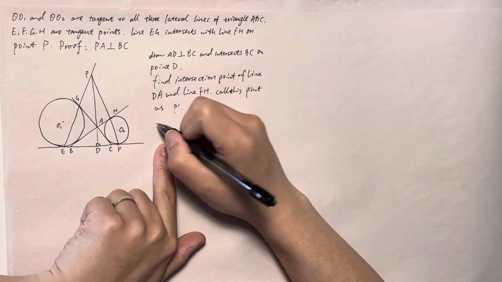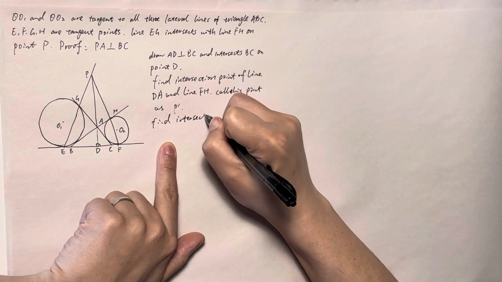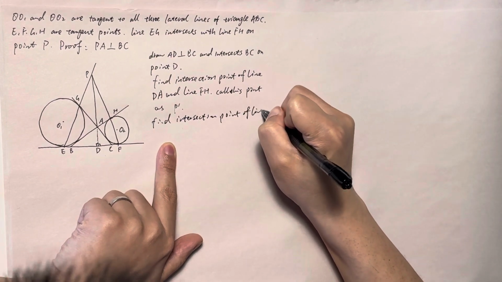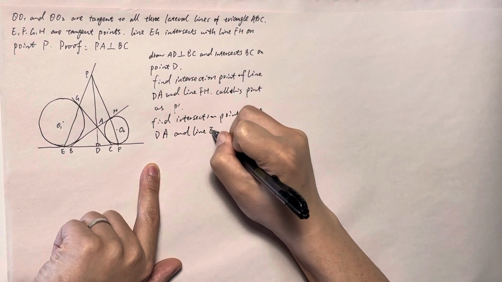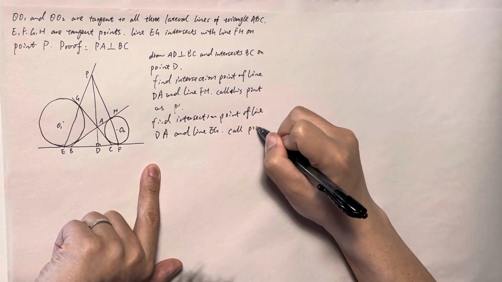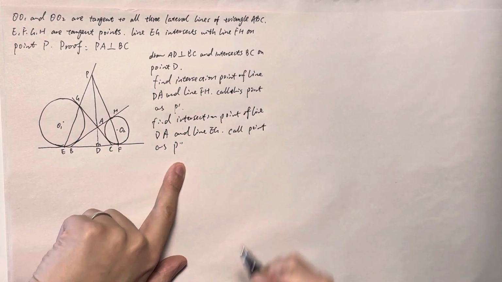And then we find the intersection point of line DA and line EG, we can call this point P double prime.